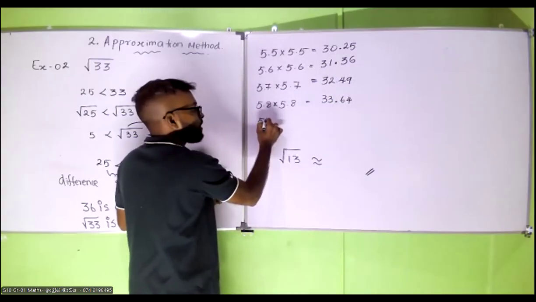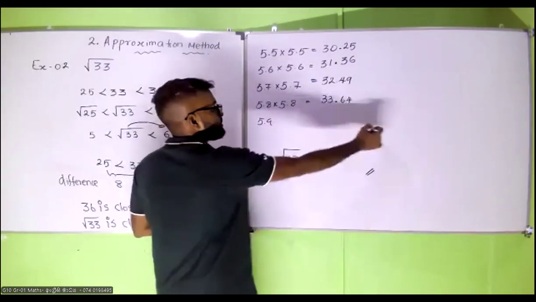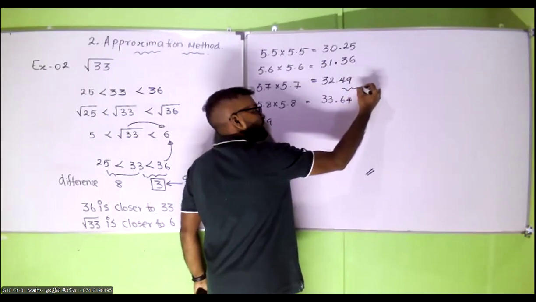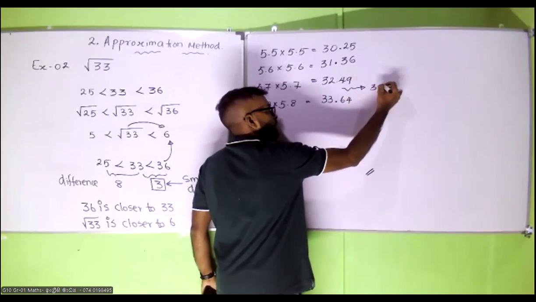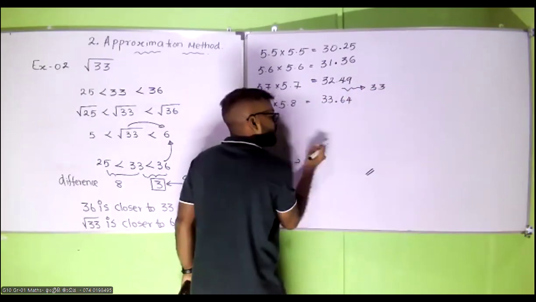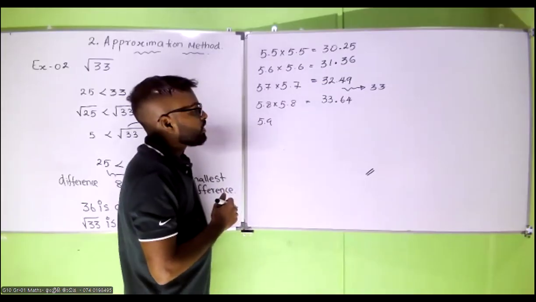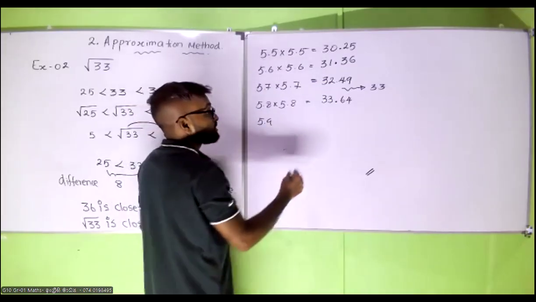No need to find 5.9 because this has already exceeded 33. Neither. So you have to find which number is closest.